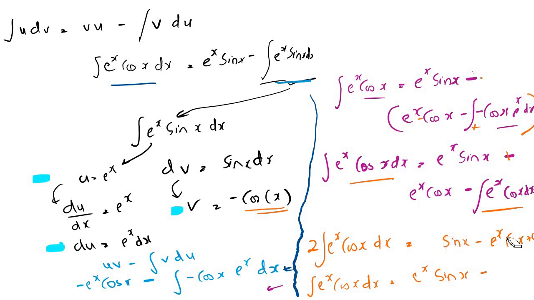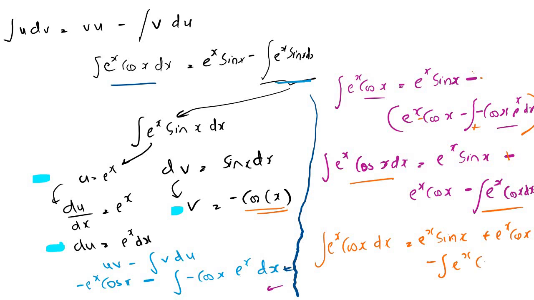I'm going to redo this so that you won't get confused. So e to the power x cos x is equal to all of these. That is e to the power x sine x plus e to the power x cos x minus integral e to the power x cos x dx.